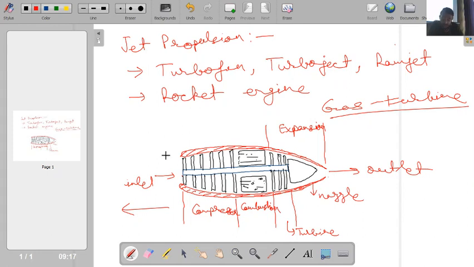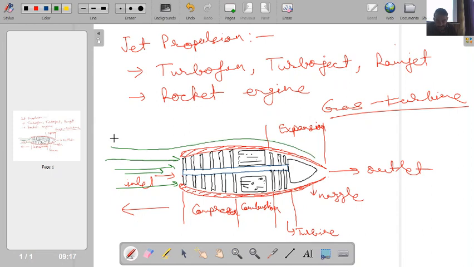If you have to determine how much thrust force is created by this, when fluid is coming, some portion of the fluid is entering inside, and some part of the fluid will also flow over the outer body of this engine.